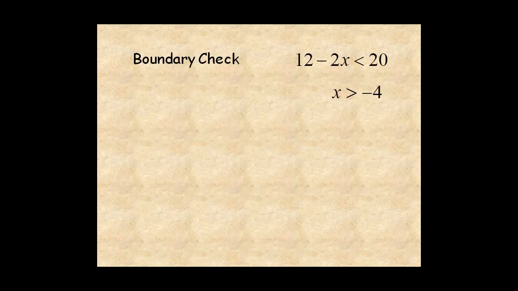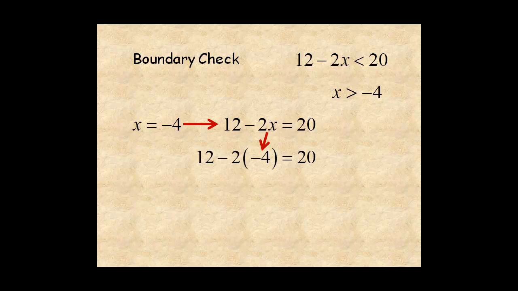For the boundary check, rewrite the inequality as an equation and substitute the boundary value x equals -4 into the equation. This gives 12 minus 2 times -4, which is 12 plus 8, which is 20, and the boundary value checks.